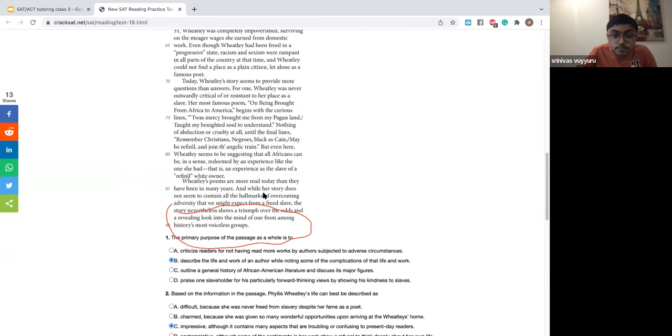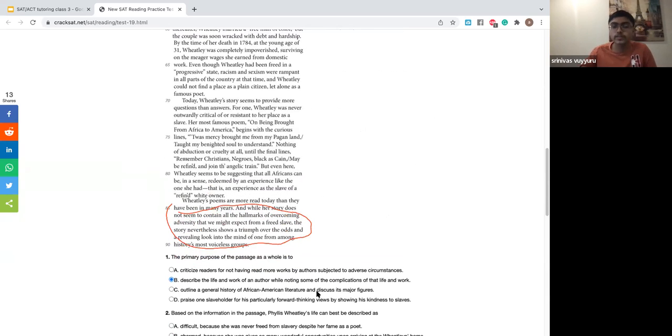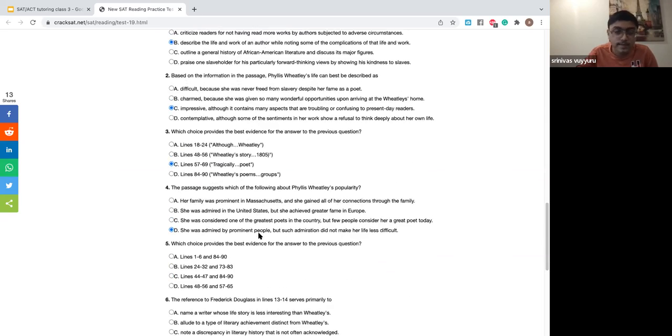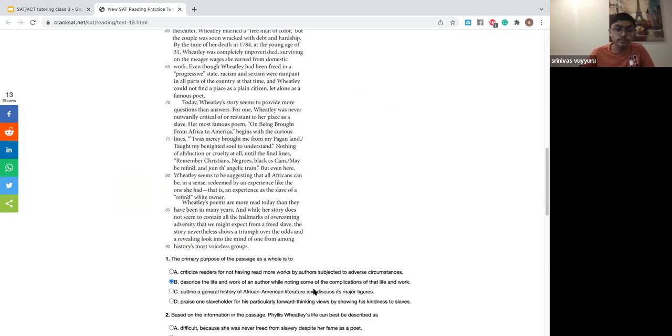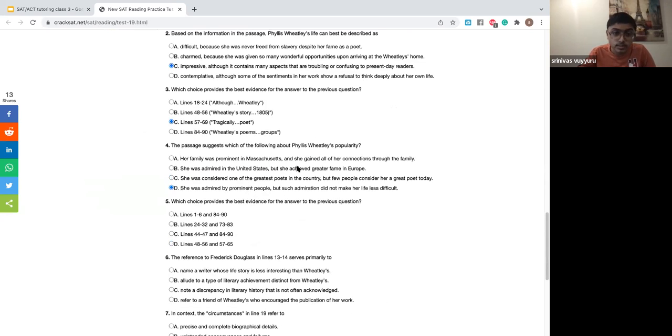Well, no, this one doesn't support it at all. Wait, I looked at it wrong. Nowhere does it say in this paragraph that powerful people liked her, admired her work, and it doesn't say anywhere that her life was tough. You go to the first, what is it, 1 to 6?